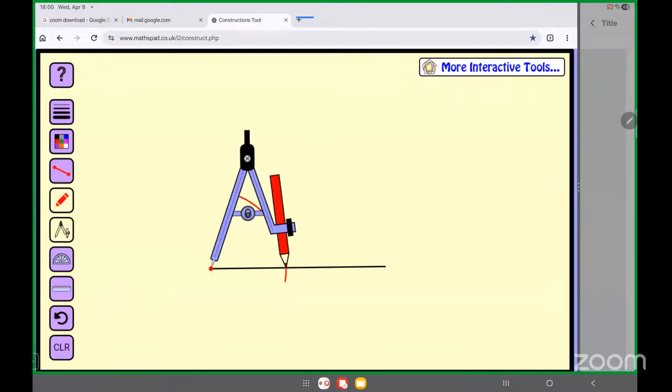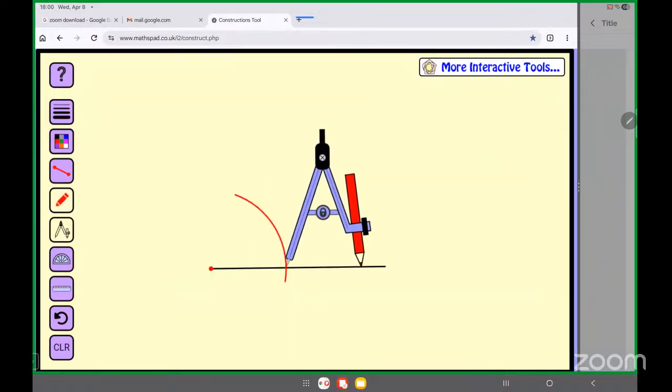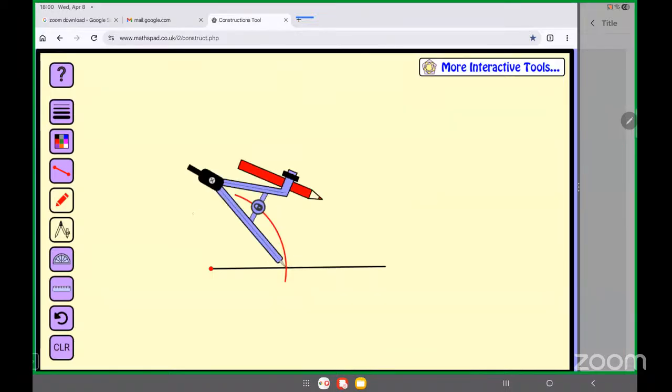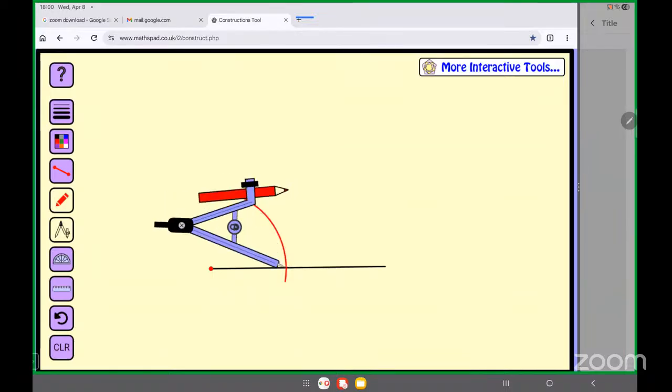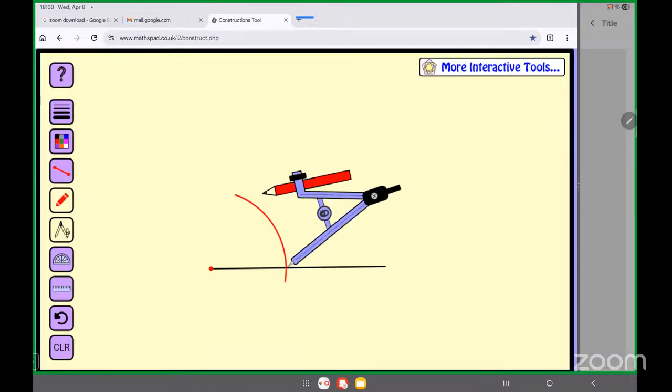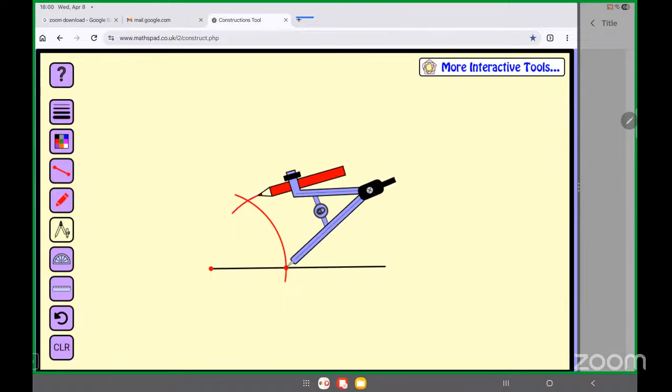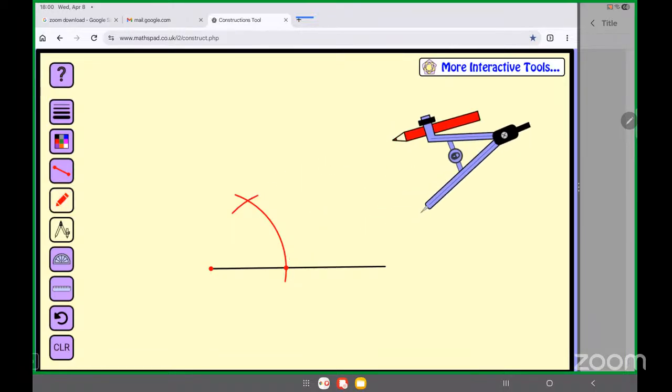And you come to this point where it meets the line, rotate the compass around. And then you cross that one. That is 60 degrees.